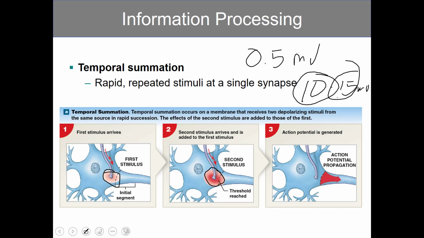Through summation, we can get there. You just add up the individuals. So rapid-fire EPSPs eventually create enough depolarization to reach threshold, and at that point you get the generation of an action potential. That is temporal summation, with repeated stimuli at a single synapse.